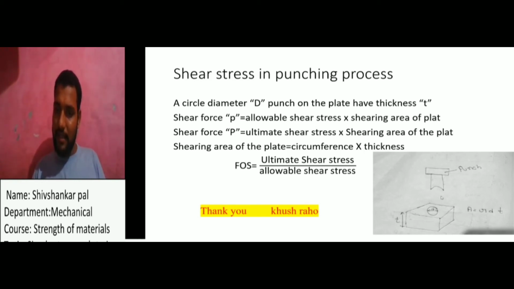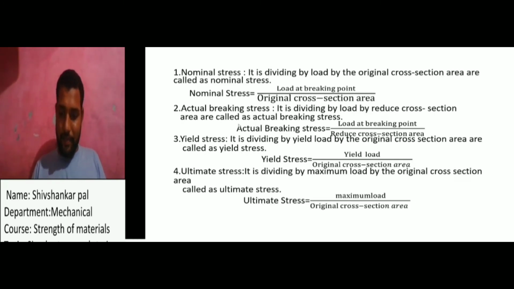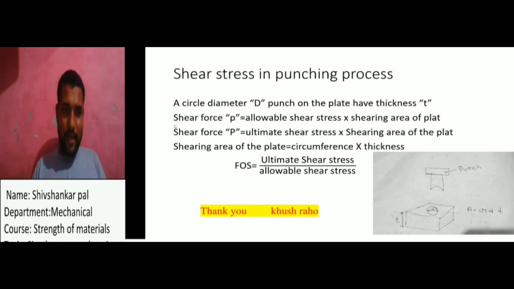That is the allowable shear stress, and the ultimate is the maximum. 445 is the maximum shear stress into the shearing area of the plate. That is the shear force load, but if this load is applied, our punch does not punch the plate. It will only leave a mark, and no punching occurs.